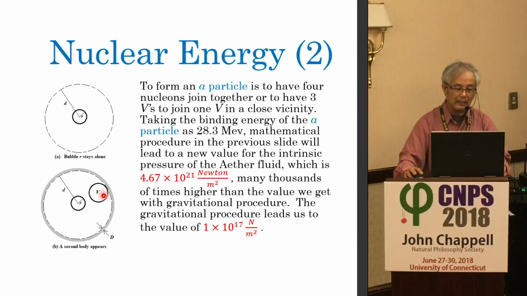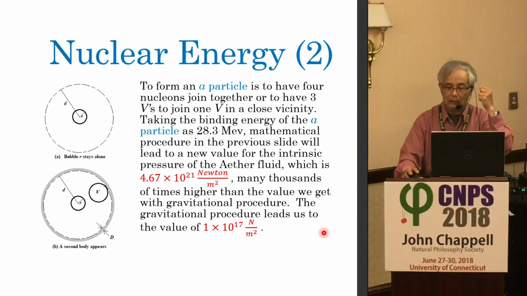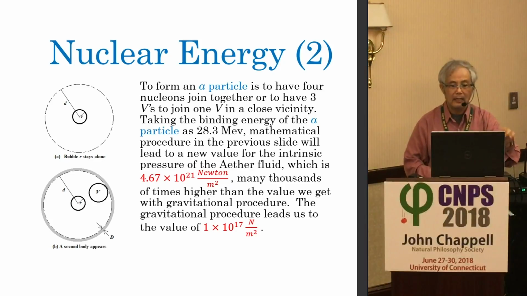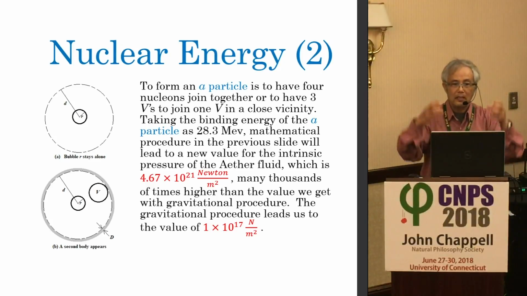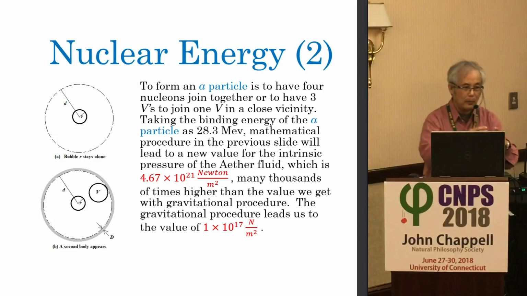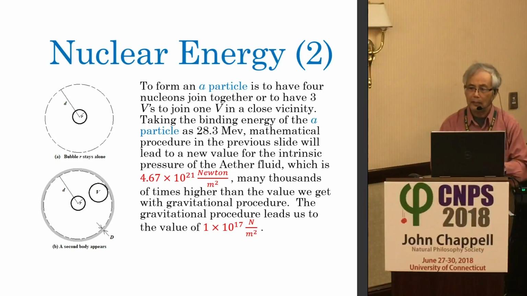Because suppose this V is far away from this big bubble, by itself, it is swarmed by the ether particles, because the ether particle has such a high pressure. When nucleons are single or joining other nucleons, they must be swarmed by a certain amount of ether particles. No nucleus can be free of ether particles.